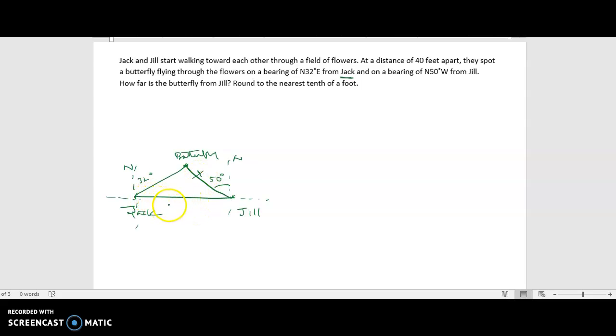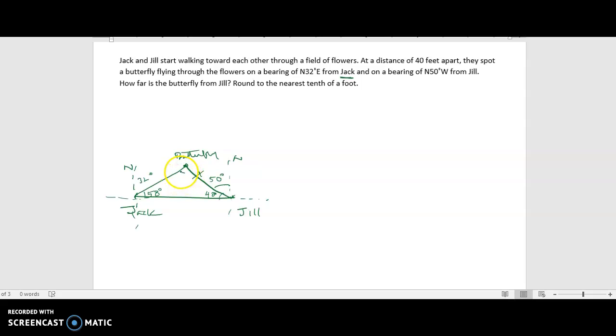So now let's try to solve the problem. What kind of situation is this? We can definitely find these angles in the triangle. Just 90 minus 32 for this, which is 58. And this would be 90 minus 50, so this angle is 40 degrees, right? Which means we can easily find this one.